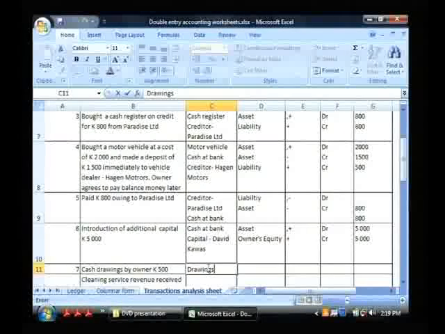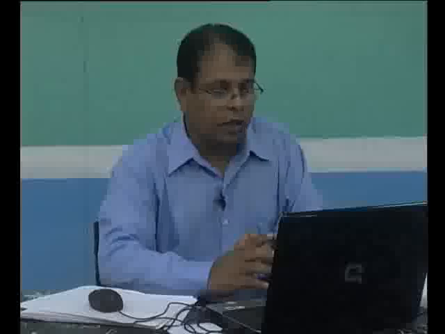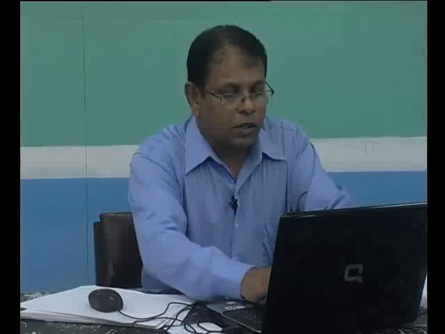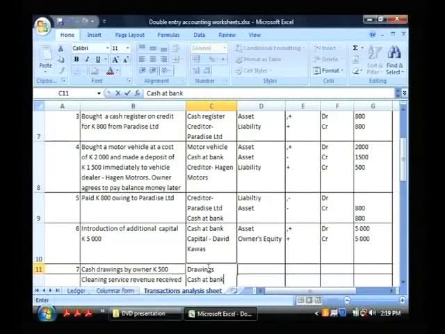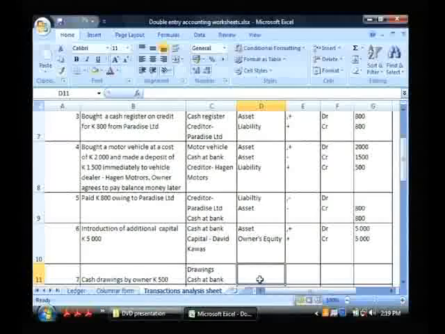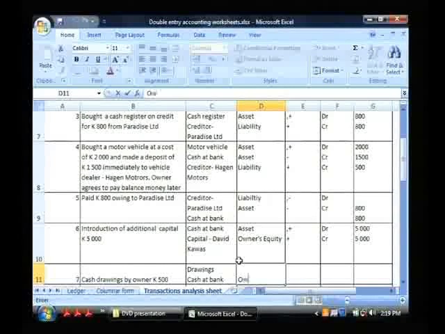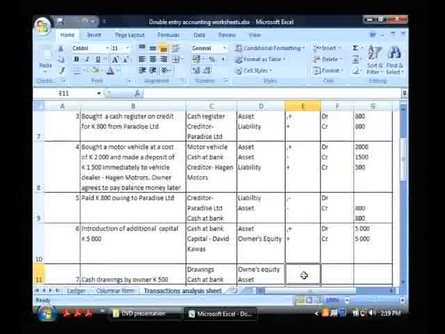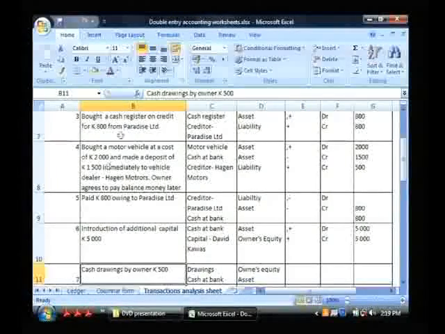So drawings account is created in the ledger account to record drawings, the amount withdrawn by the owner. Then cash at bank, cash decreased by this amount, and drawings is an owner's equity account, and cash at bank, as you know, it is an asset. As a result of drawings, owner's equity will reduce by this amount.